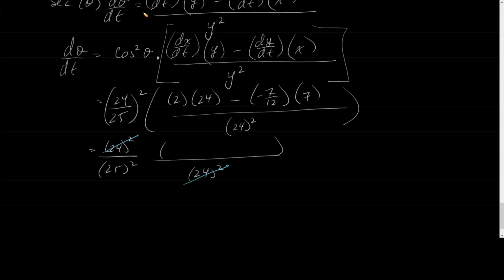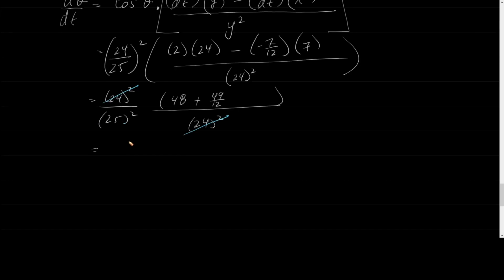All right, on the numerator here, well, I have 2 times 24, that's 48, minus the negative becomes plus 7 times 7 is 49, so 49 twelfths. All right, now, what do I already have so far? Well, this 25 squared, I'll stop right there, 1 over 25 squared.